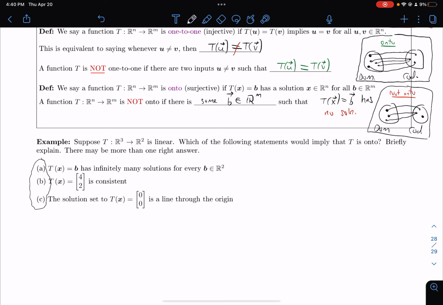Some of these may be implying that T is onto, and there may even be multiple statements that mean T is onto, and we have to identify them. Okay, so let's look at these. Part A says, the equation Tx equals b has infinitely many solutions for every vector b in R2.